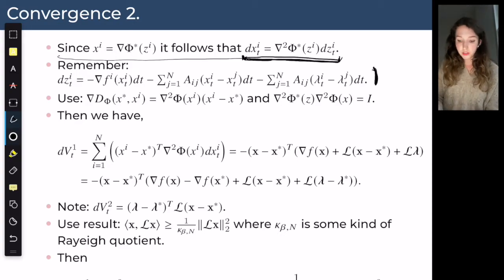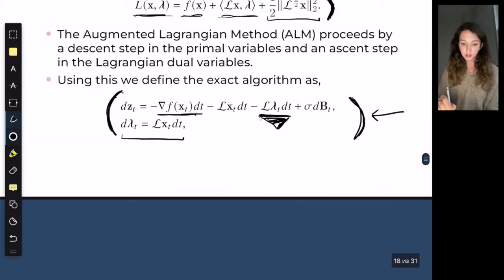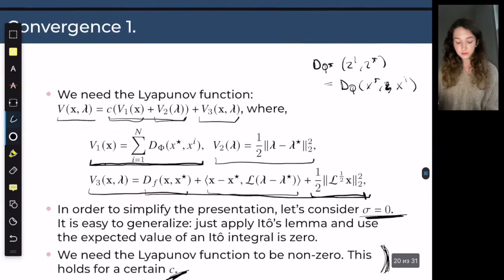And then remember, just for the sake of completion, the dynamics of the zti. So we have again our gradient step for our fi, our interaction with the x's, and because we have this exact algorithm, we additionally have this interaction in the lambda terms. Just to remind you, that's this triangle thing here.